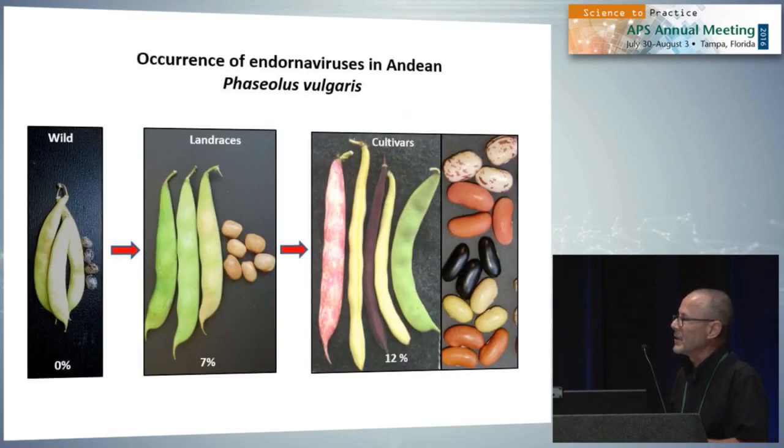When we look at the material of Andean origin, we were not able to find wild plants infected with the virus. Landraces, we found only 7%, and modern cultivars and breeding lines, only 12% infected.